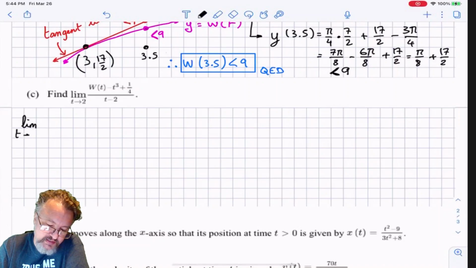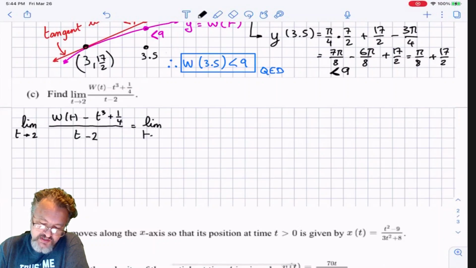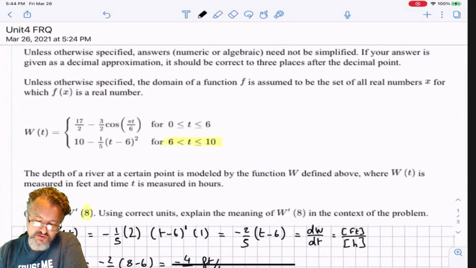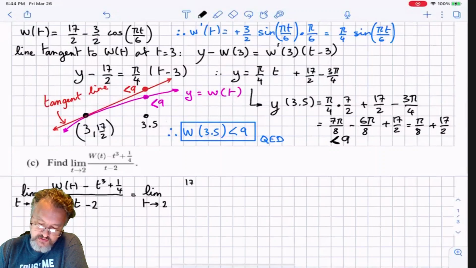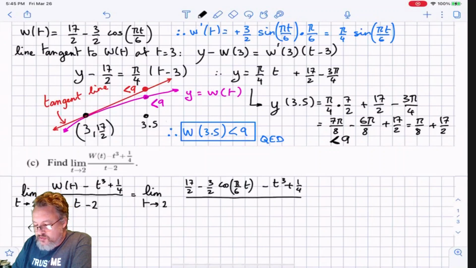So the limit as t approaches 2 of w(t) minus t cubed plus 1/4 over t minus 2. Okay, so t approaches 2. That means that I'm going to replace w(t) by 17/2 minus 3/2 cosine of pi over 6 t, minus t cubed plus 1/4, over t minus 2.